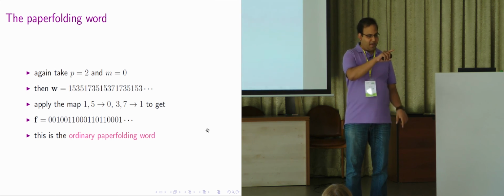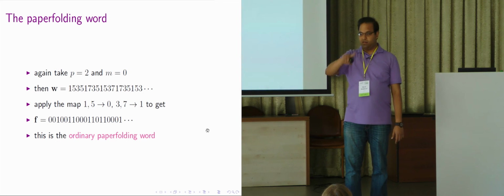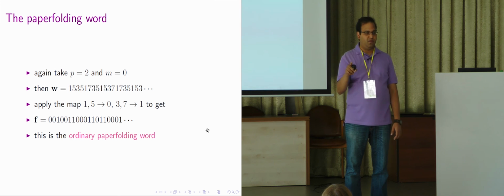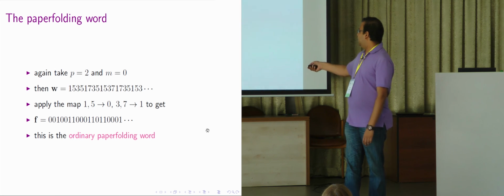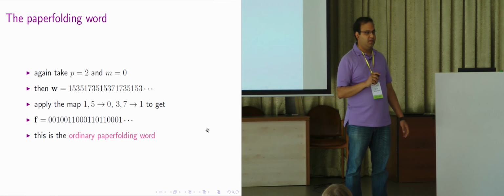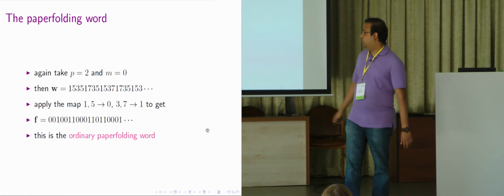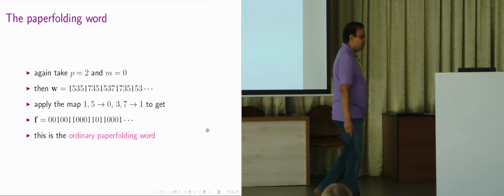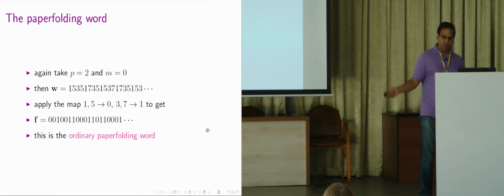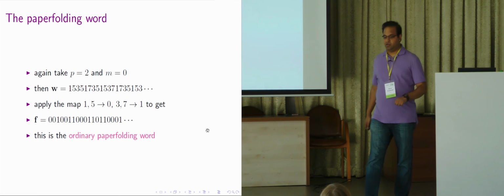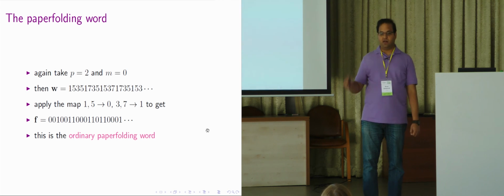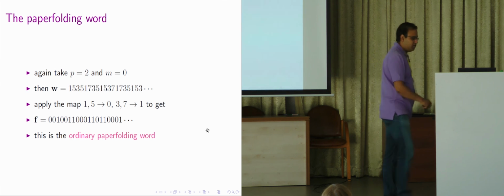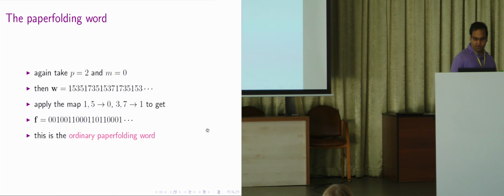You will have some peaks and some valleys, and you write down 0 for a peak and 1 for a valley, or the other way around, and you get this sequence. So that's why it's called the paper folding sequence, and it's quite well studied. You can use it to draw some nice fractal dragon curves. It also has some applications in continued fractions, and so on.